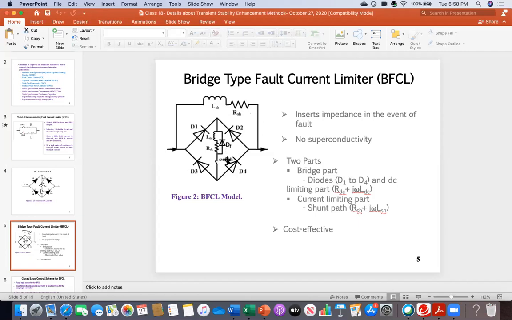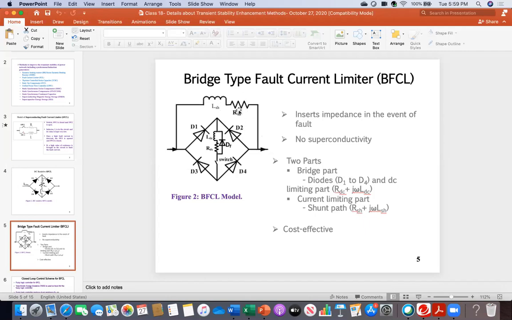Now, what does it do? How can it avoid that superconductivity? In this case, this is the main coil. This is not the main coil. Can you see in the DC path, there is an inductor and a resistance. But this is not the main coil that will limit the fault current. The main coil is this one.